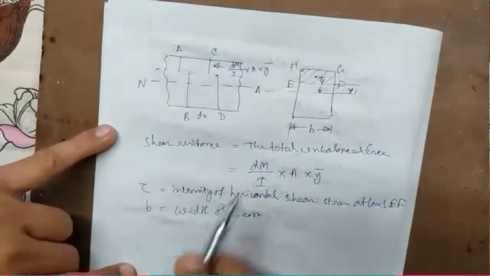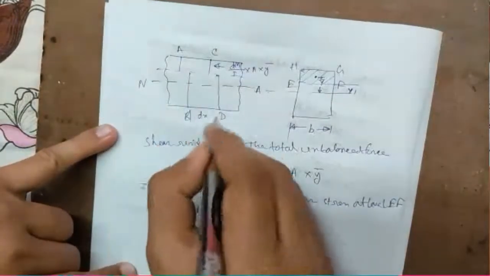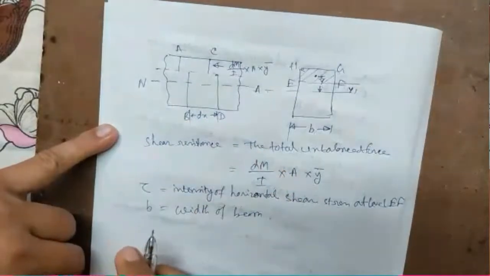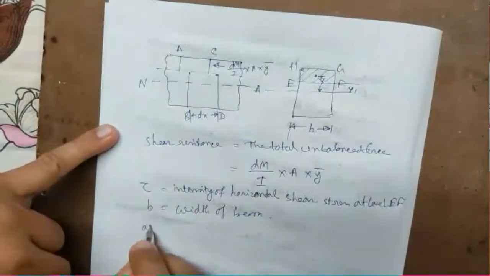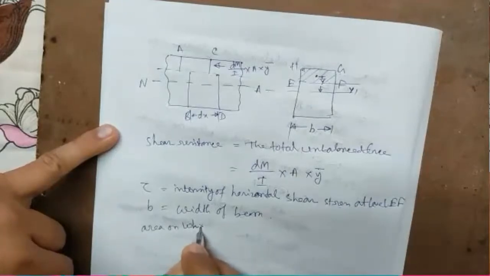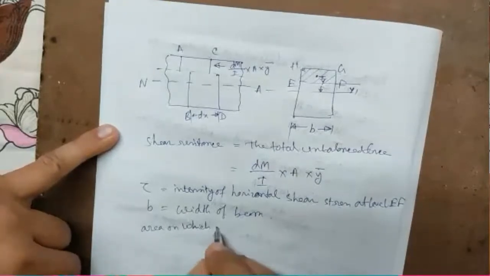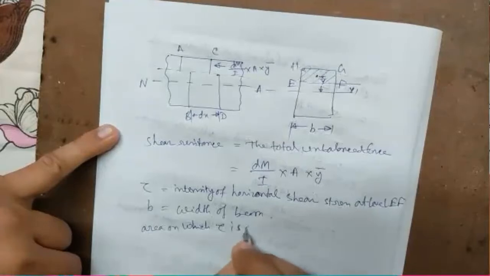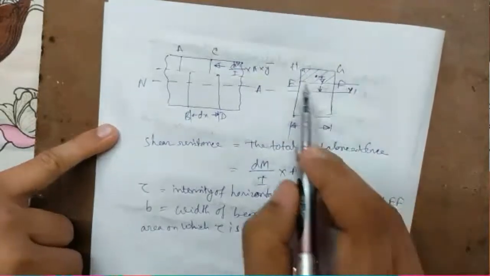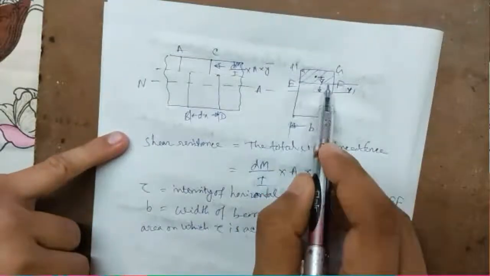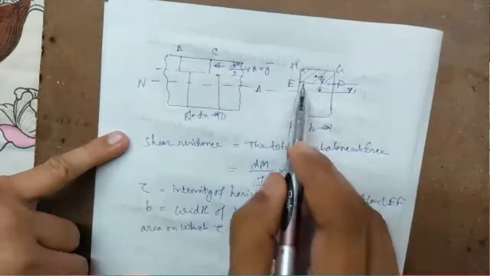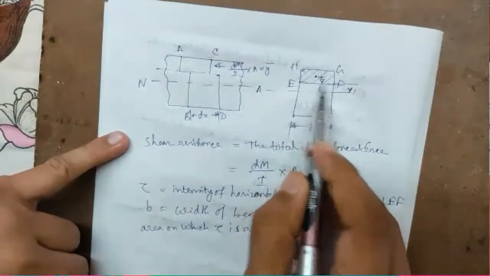Now for this length dx, the area on which tau is acting, see, tau is acting on this surface due to this length. This length is dx and this width is b.